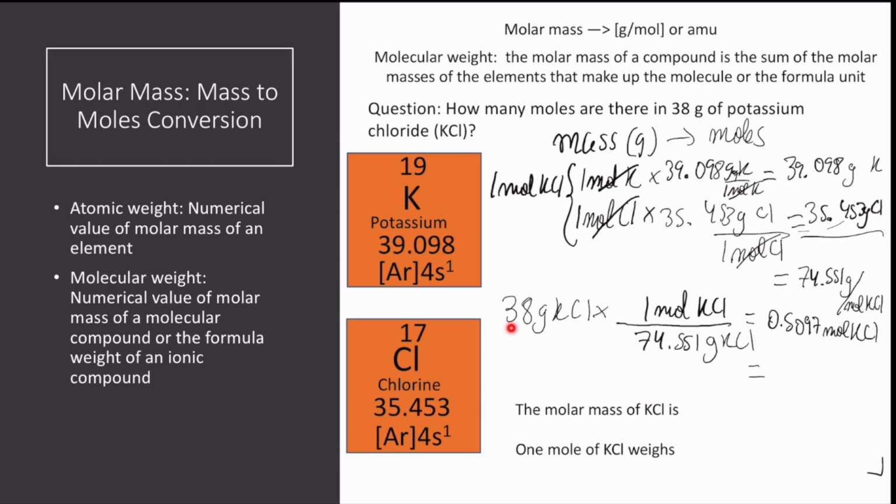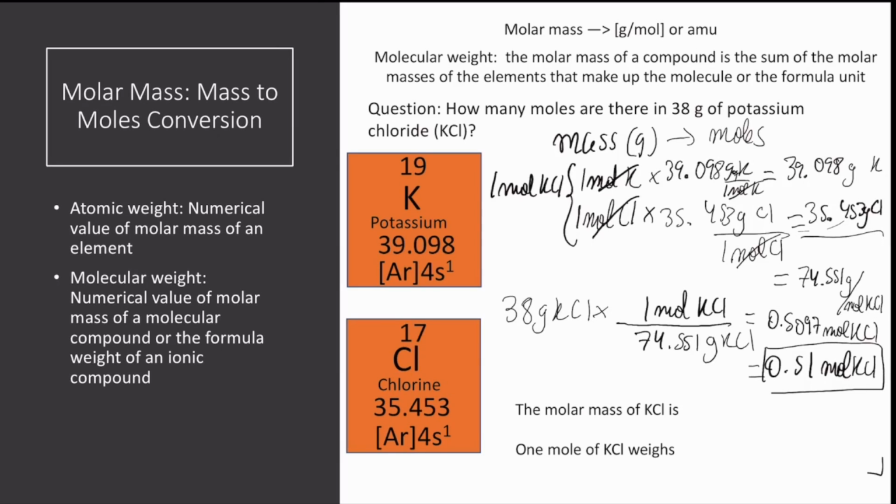and because we start with two significant figures, we have to approximate this to two significant figures. So we get 5, and then the next one is 1 because 9 rounds the third number up into 1. So it's 0.51 moles of potassium chloride.